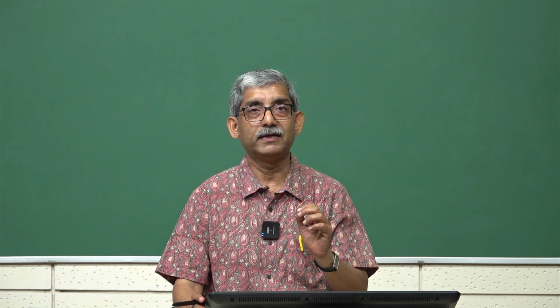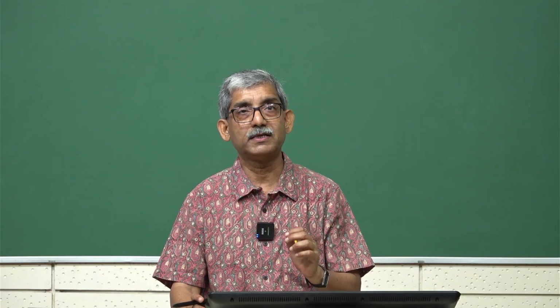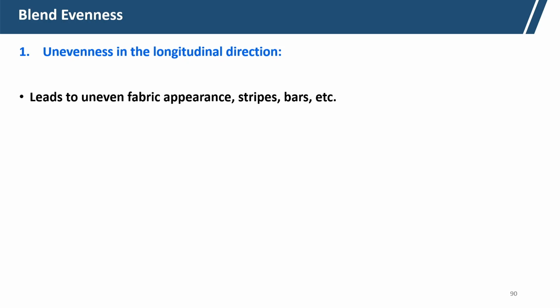Now, blend evenness: how are we getting it? Evenness in the longitudinal direction. We have seen the index of blend irregularity. Now, how does blend evenness affect the material? Suppose in the longitudinal direction, this is one polyester cotton yarn.